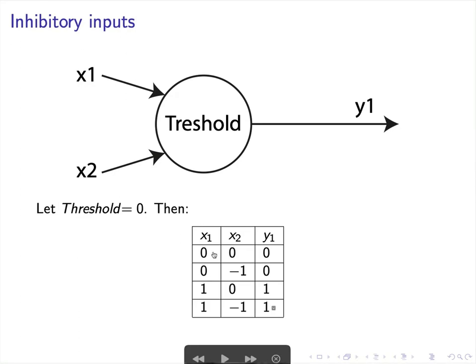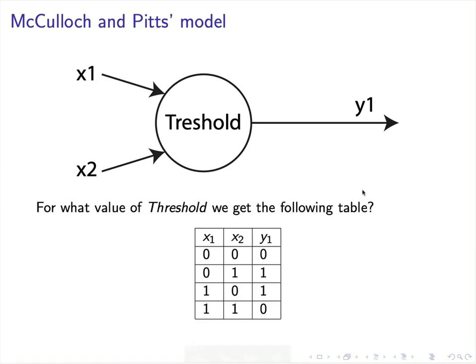Because if the threshold is 0, then these two sum to -1, which is less than 0, and so this is a 0. 1 plus 0 is 1, so we get a 1 as an output. 1 minus 1 is 0, so we still get a 1. This is another operation. You can tell one of them was a logician, right? He took inspiration from truth tables, really. Now, I wanted to ask you, for what value of threshold do we get the following table?